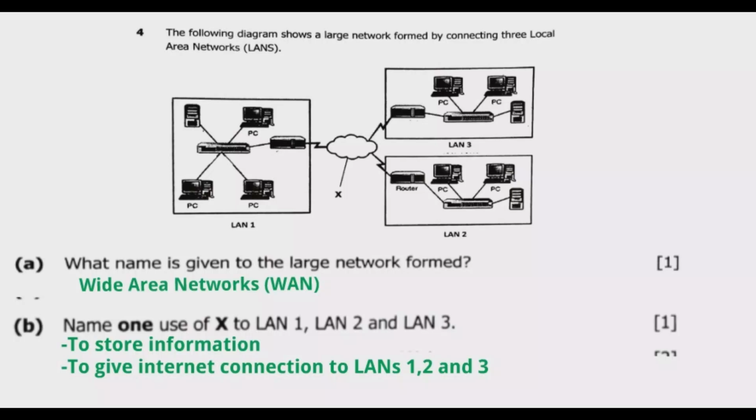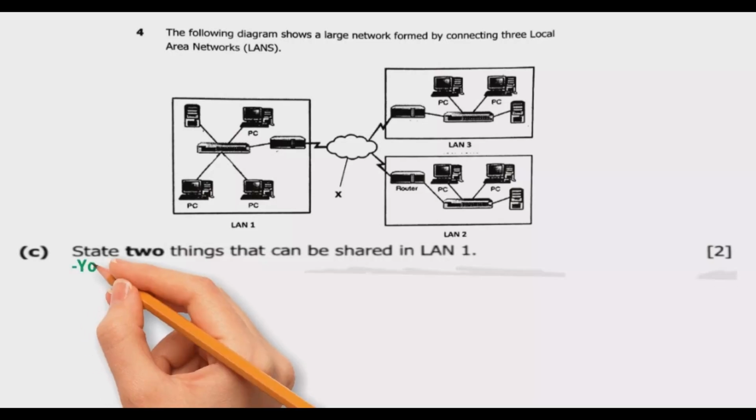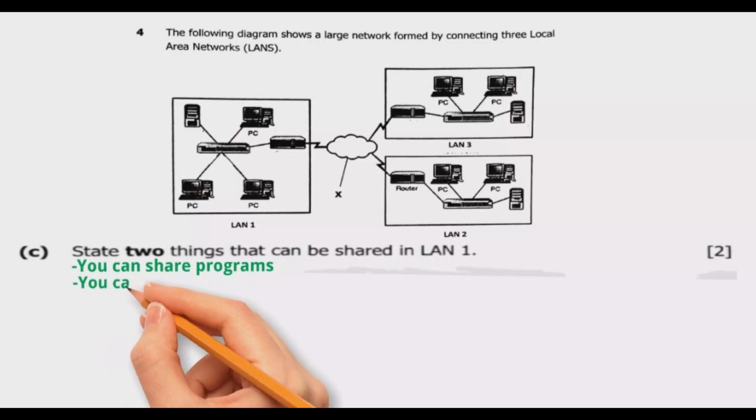We go to the next question, which is question C. State two things that can be shared in line 1. One, you can share programs. So in line 1, you can share programs. Two, we can also share data.